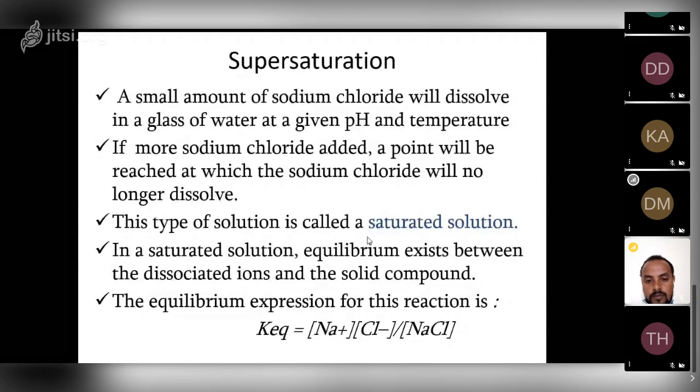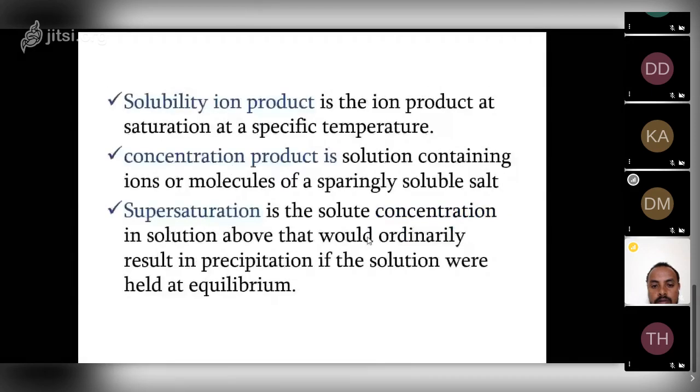This type of solution is called a saturated solution. In a saturated solution, an equilibrium exists between the dissociated ions and the solid compound. So the equilibrium expression for this saturated solution is as stated, with the sodium and chloride ions within the sodium chloride solution.